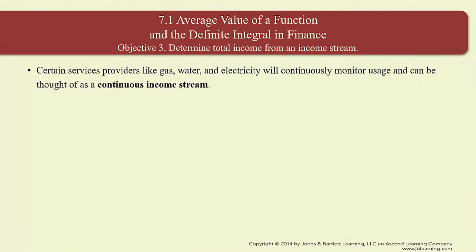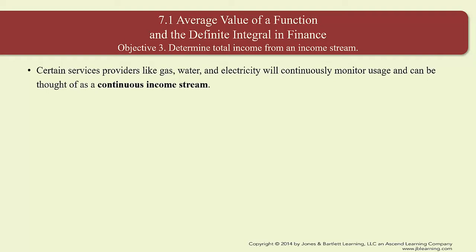Continuing here in section 7.1, certain services and providers of services, like the natural gas company or the water company or the electric company, they do continuously monitor usage. On a house, you'll find meters that are continuously monitoring how much you're using.